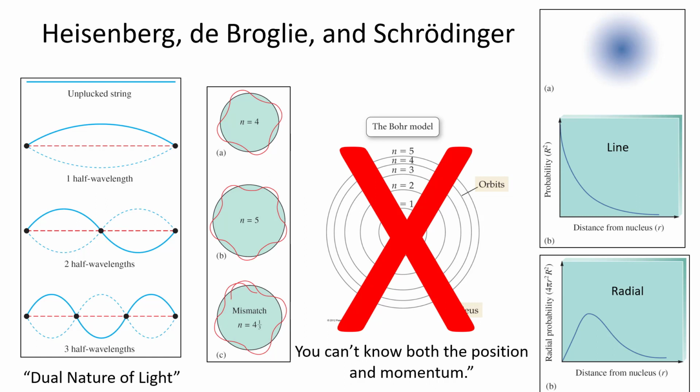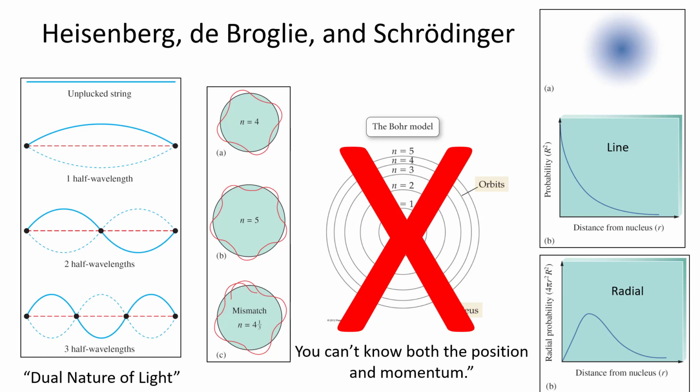And so the Bohr model starts to fall apart because electrons are not traveling in perfect circles; in that case, you would be able to tell both the position and the momentum at any given time. Instead, we're going to get probability diagrams like you see on the right, where you have an idea of where the electron exists, but you don't know its exact position with a whole lot of certainty.